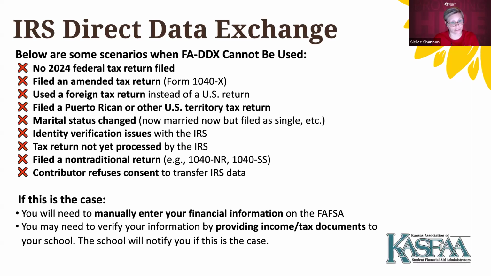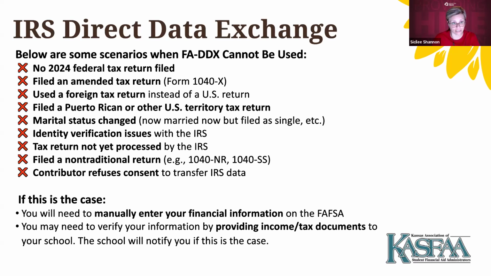There are also going to be situations where your marital status has changed, or your tax return was just filed a week ago and the IRS has not had time to process it. There are going to be times where you may have a contributor who just refuses consent, in which case the DDX is unable to be used.